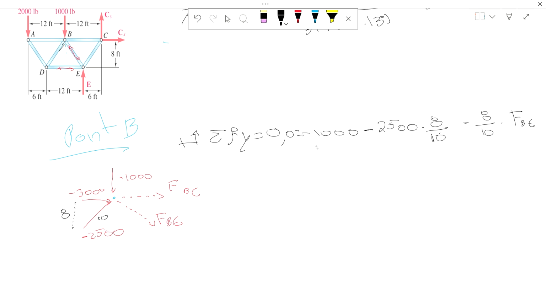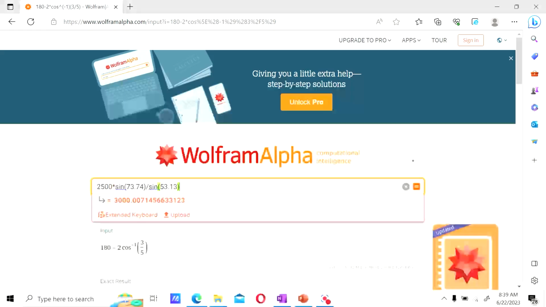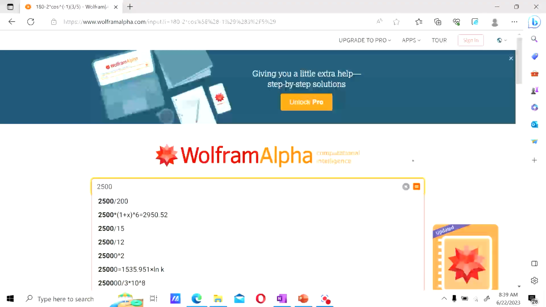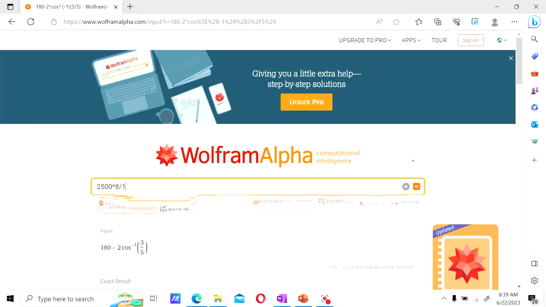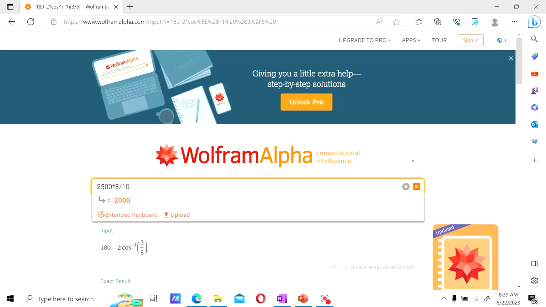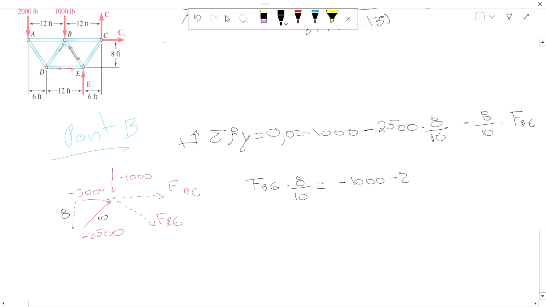So 0 equals. Alright, in that case, we just need to find B to E times 8 divided by 10 is equal to negative 1,000 minus 2,500 times 8 divided by 10. 2,500 times 8 divided by 10 is 2,000, minus 2,000.